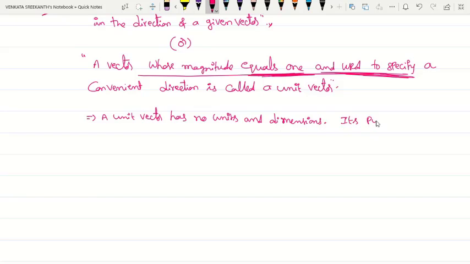Its purpose is to specify the direction of a given vector.